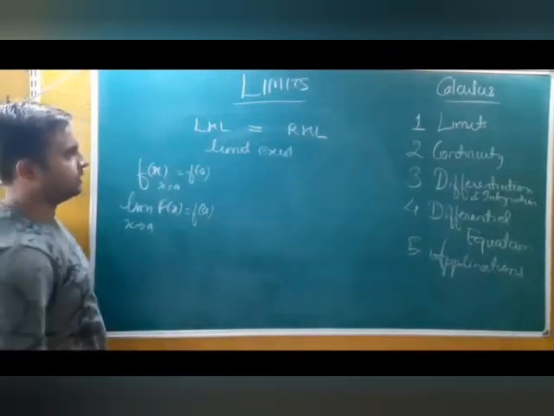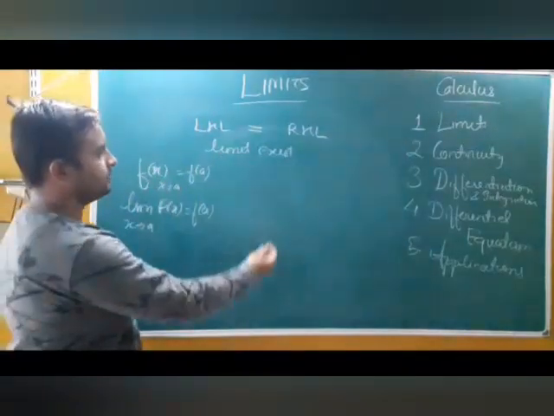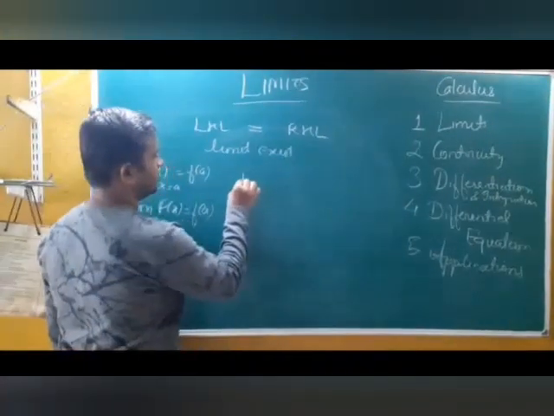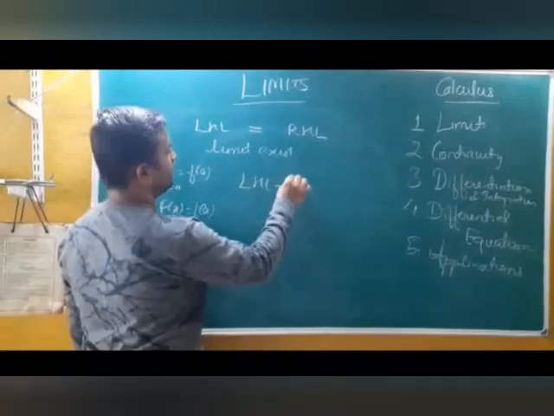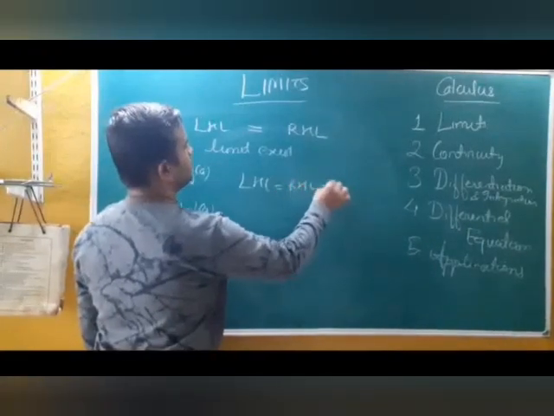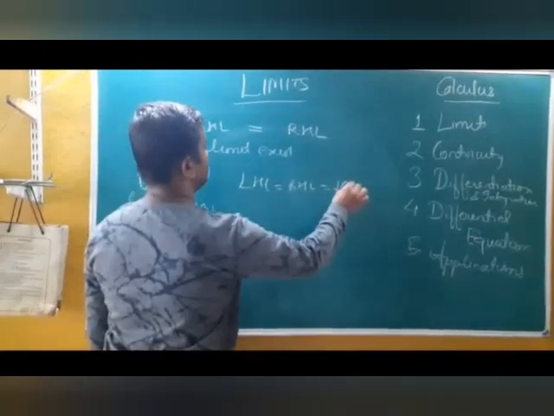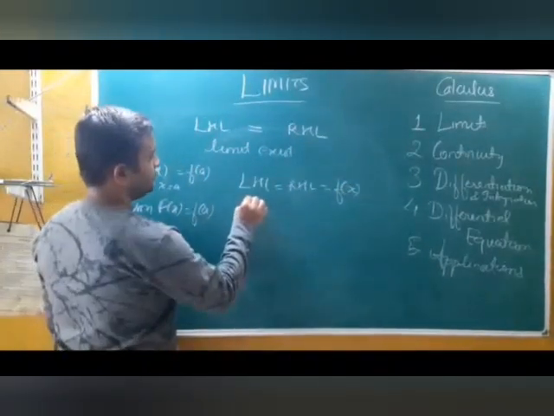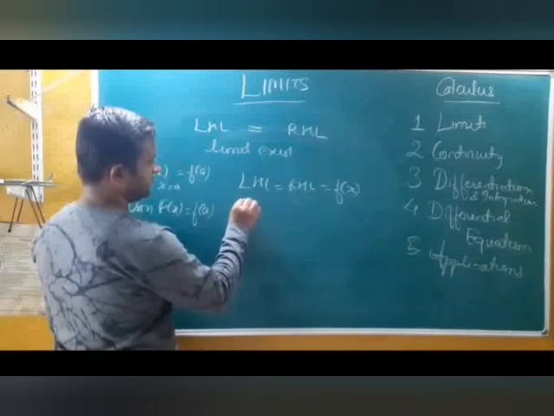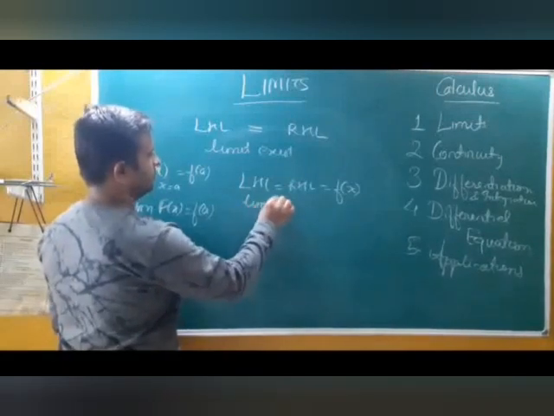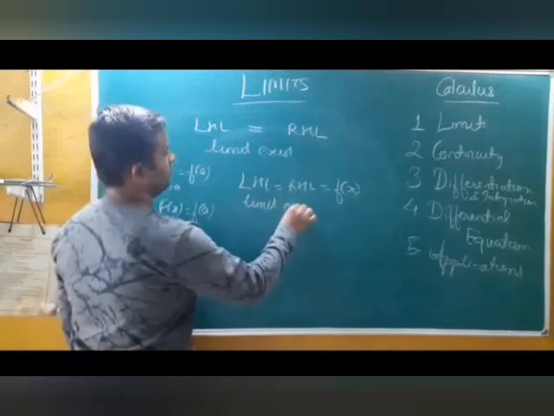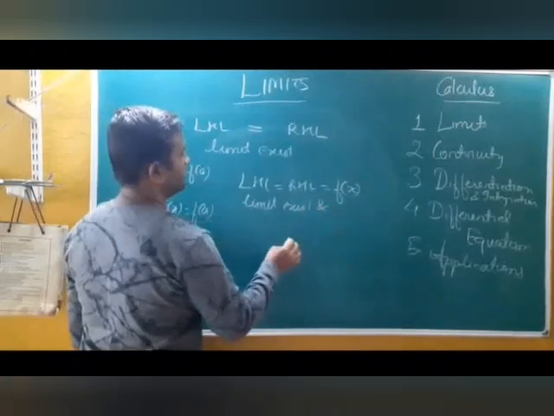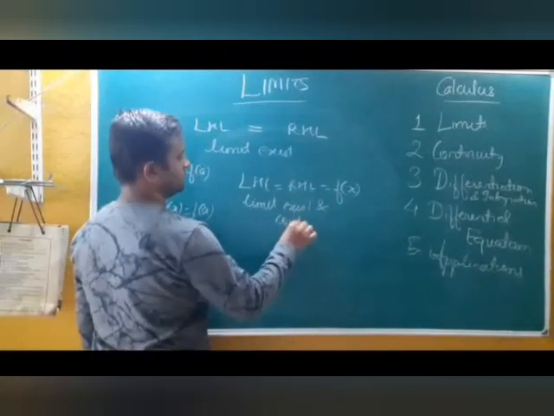Now remember, if left hand limit is equal to right hand limit, I will write it here, left hand limit equal to right hand limit is also equal to the value of the function f of x, then we can say the limit exists and it is continuous.